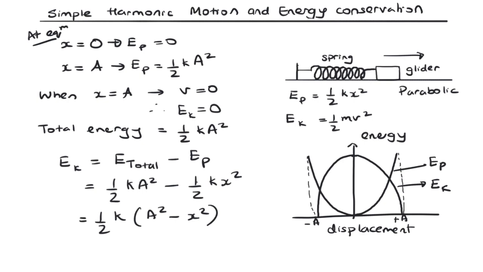The total energy of this system is going to remain constant, and therefore it could be given as the sum of the two. It'll be a straight line, and this is the total energy. So this is your equation of kinetic energy in terms of the amplitude and displacement, and that's a very useful graph for you to remember.